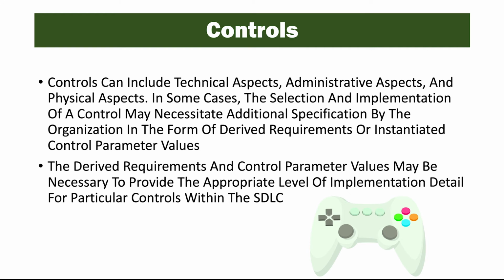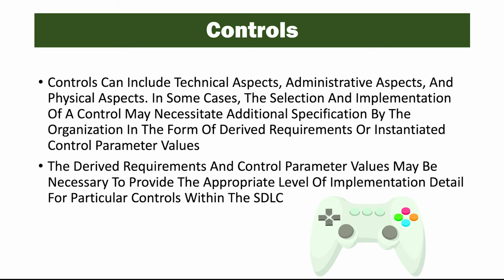In some cases, the selection and implementation of a control may necessitate additional specification by the organization in the form of derived requirements or instantiated control parameter values. The derived requirements and control parameter values may be necessary to provide the appropriate level of implementation detail for particular controls within the SDLC.